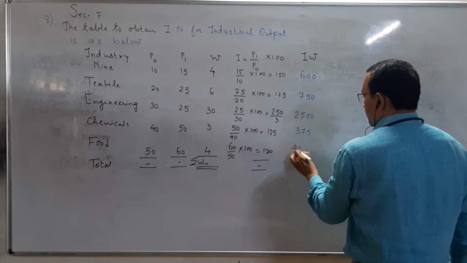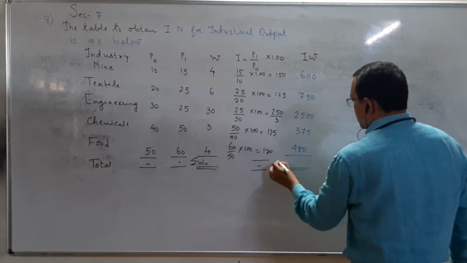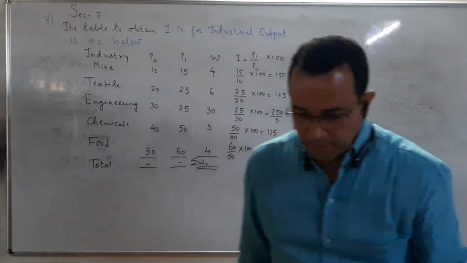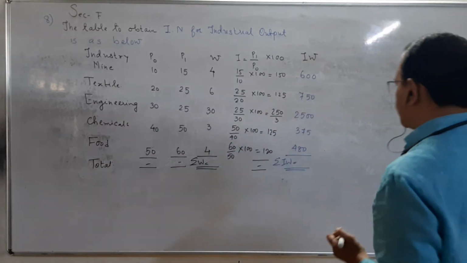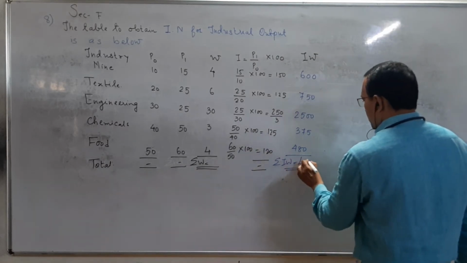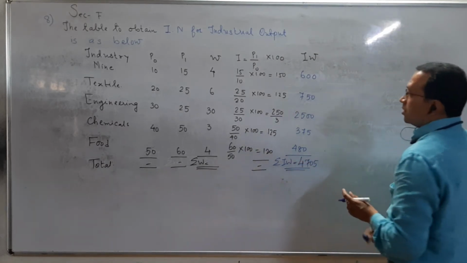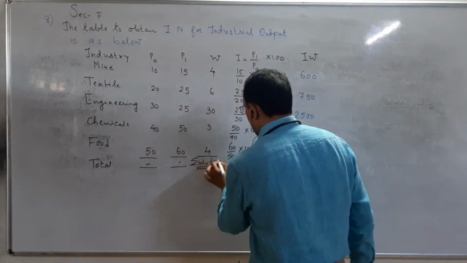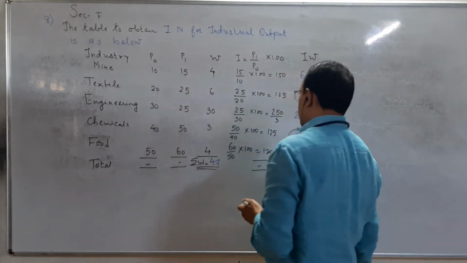And then 480. So this total of IW works out to be 4705. And the total of weight is 47. 30 and 10, 40 and 7, 47.